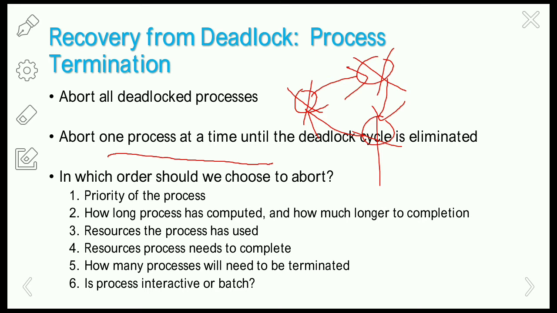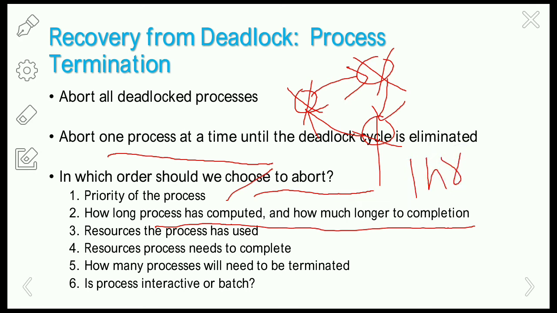Next, we are going to see in which order we have to choose the process to abort. Based on the priority of the process we are going to abort the process, and also how long the process has been running and how much longer it needs to complete. Suppose the process has finished 1 hour of execution, and the total burst time of the process is 1 hour and 5 minutes.